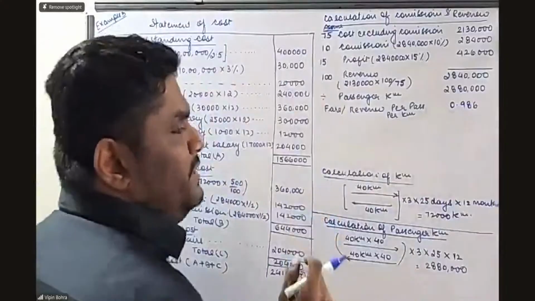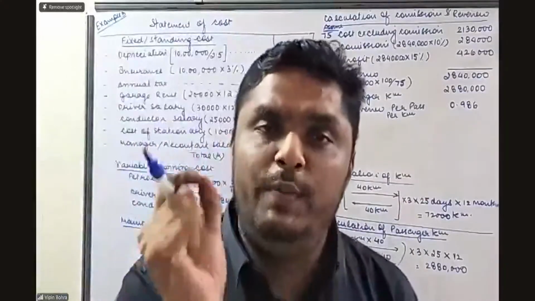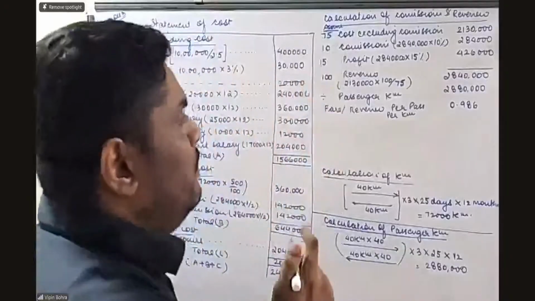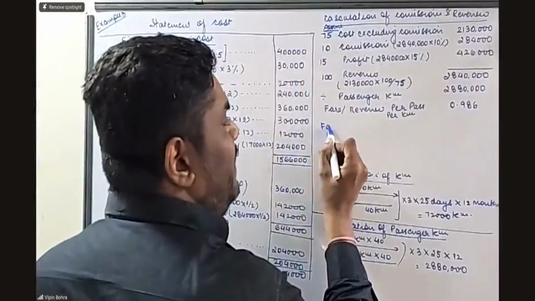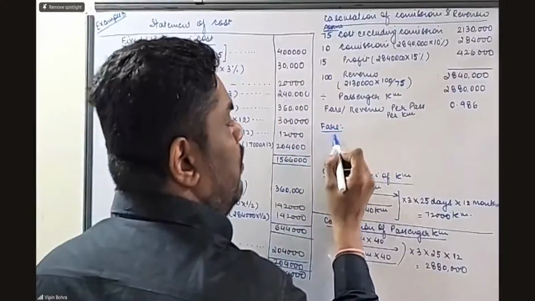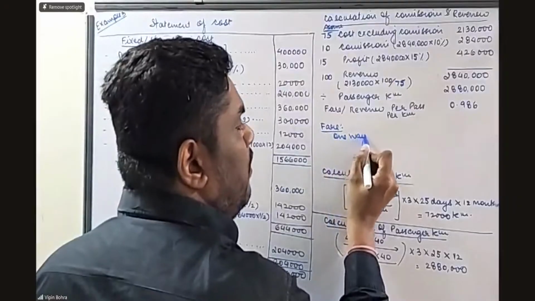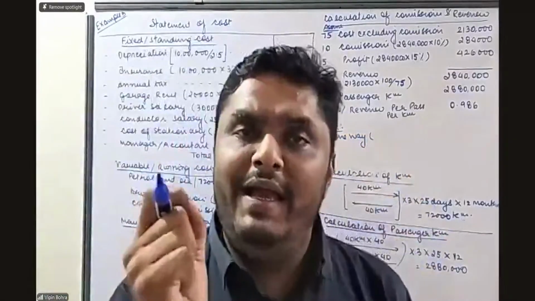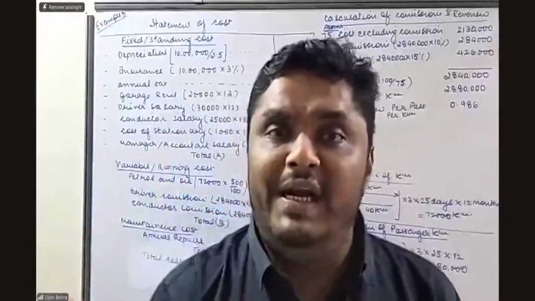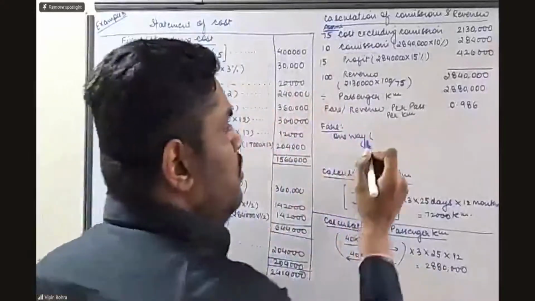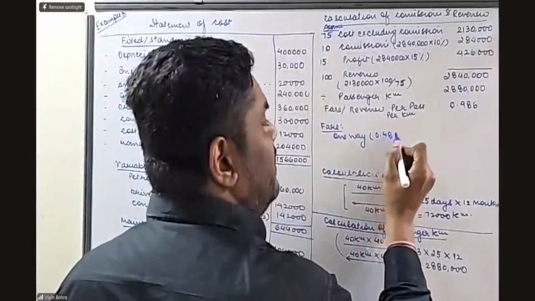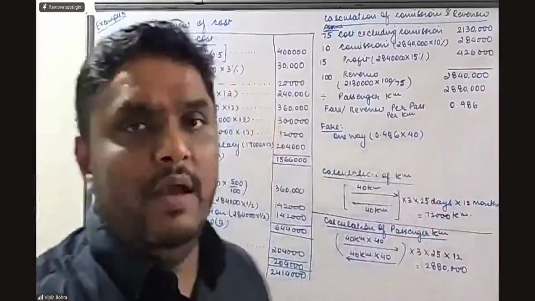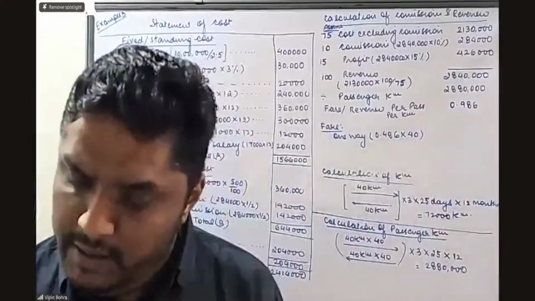So this is what the fare to be charged from every passenger for every kilometer. So if we want to calculate the fare one way, it will be how much? See, we are supposed to charge 0.986 for every kilometer traveled by a passenger. So if a particular passenger is traveling for 40 kilometers, one way trip is how much? 40 kilometers.